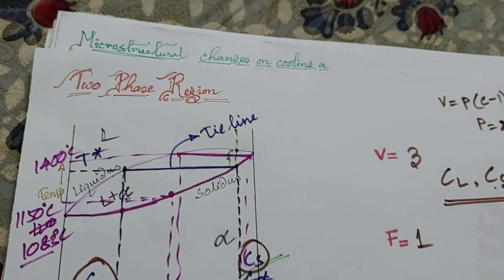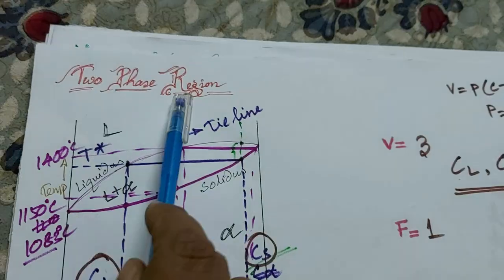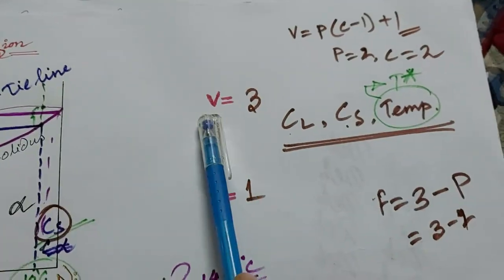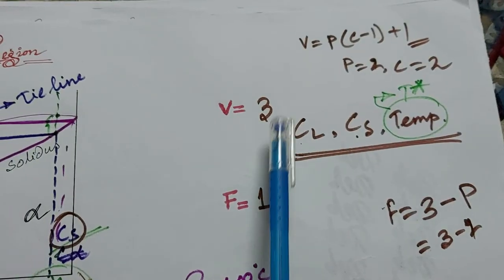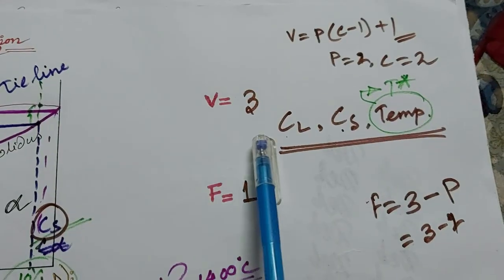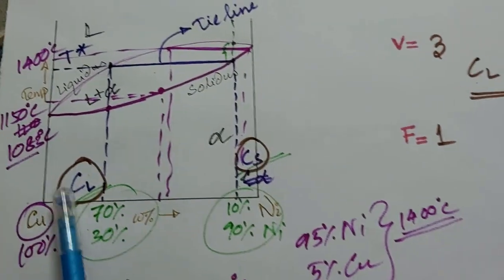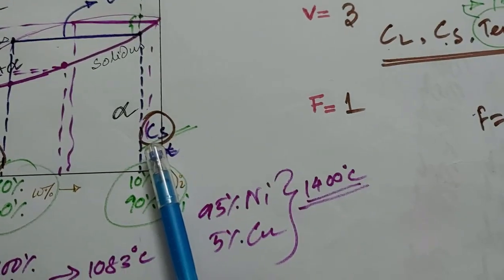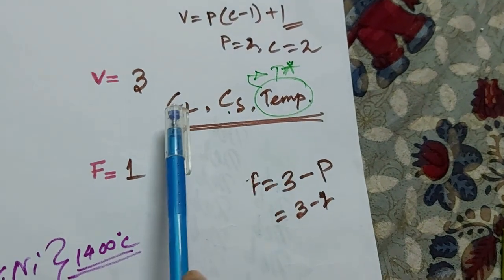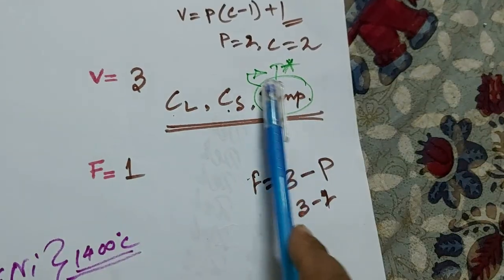In my last lecture, I discussed the two phase region where v is equal to 3, number of variables is equal to 3. What are these variables? One is CL, one is CS, and another is temperature. CL, CS, and temperature, these are the three variables.